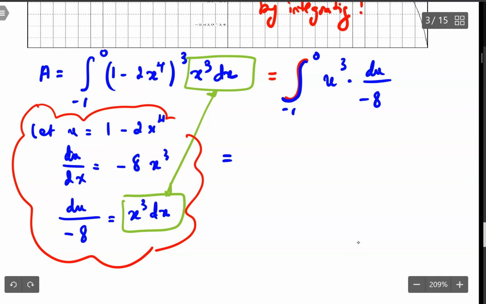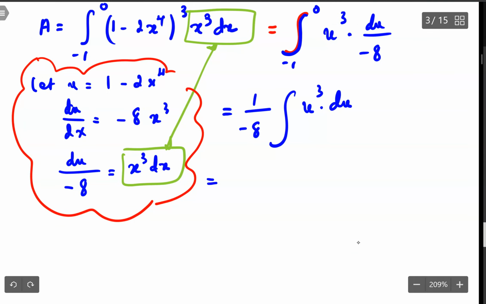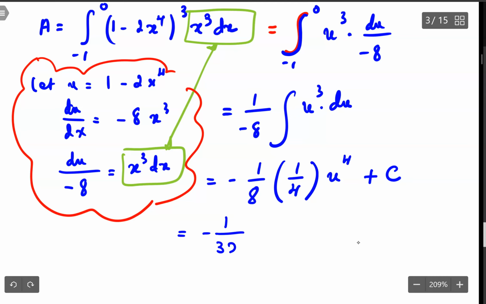I can bring the 1 over -8 across the integral sign. So then I will have -1 over 8 u raised to exponent 4, and here you multiply by 1 over 4 plus c. So I should have 1 over 32.